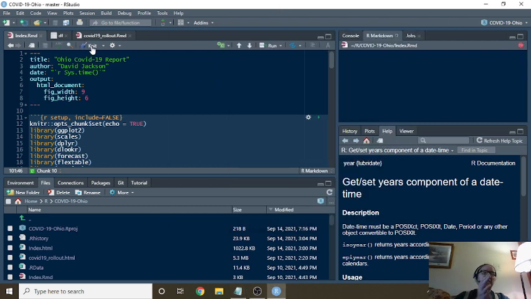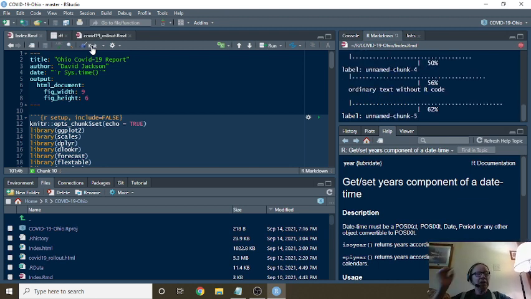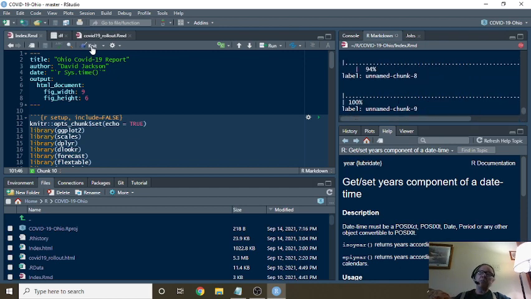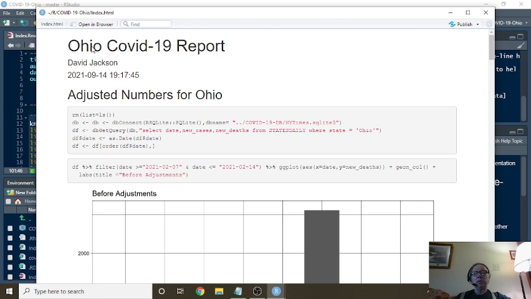We need to remind ourselves of some monkey business as far as COVID-19 tracking, particularly deaths in the state of Ohio. Back in February 2020 of this year, the governor's office came out and said, oops, we undercounted COVID-19 deaths by close to 4,000 during the fourth quarter of 2020.